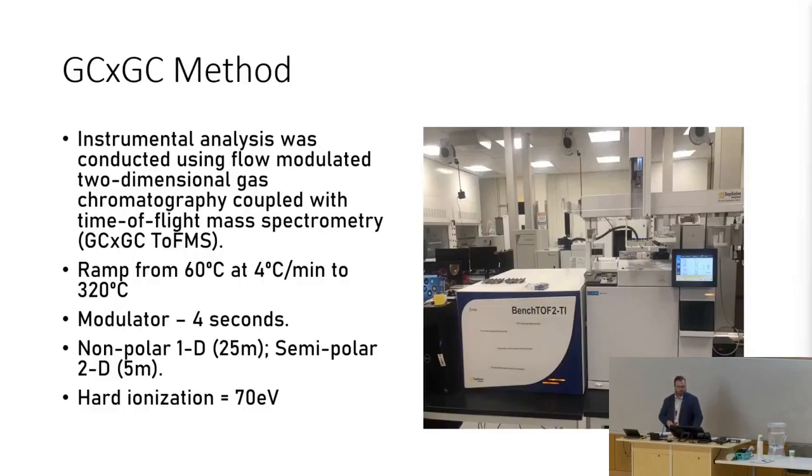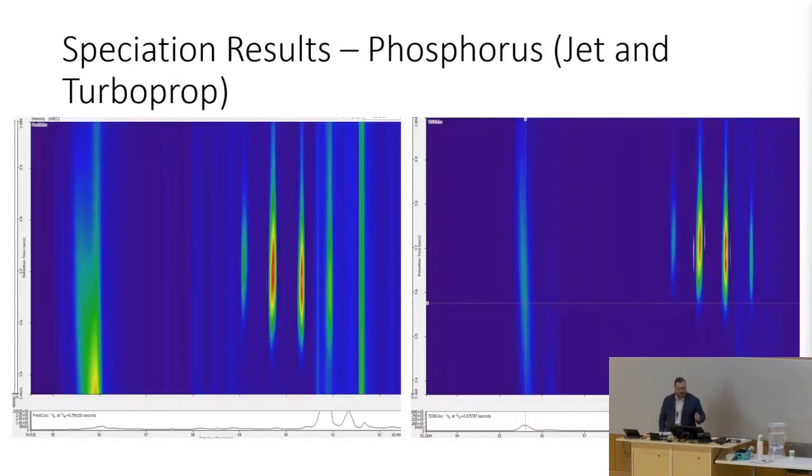Okay, so in terms of some speciation results, when we look at the jet and turboprop oil, sorry, this is jet on this side and turboprop on the other side, the only organophosphates we found in there was tricresyl phosphate isomers. We got really good separation, which is nice.